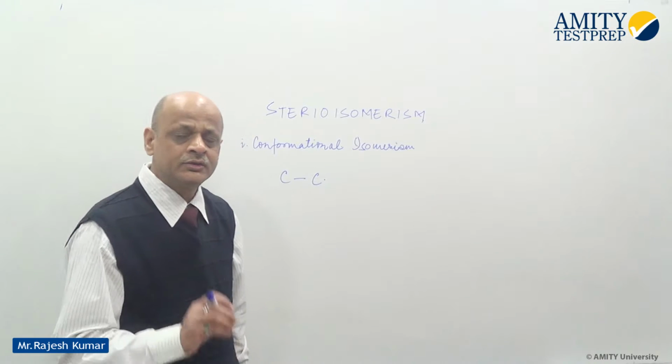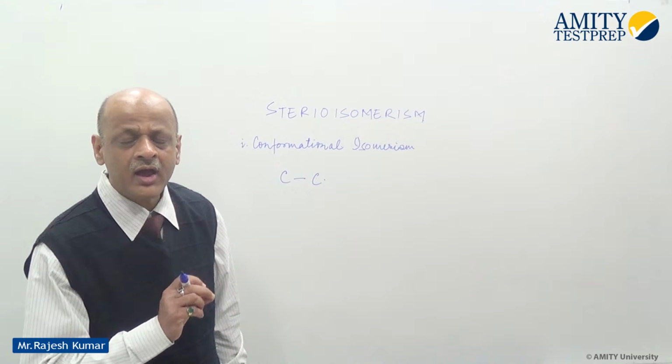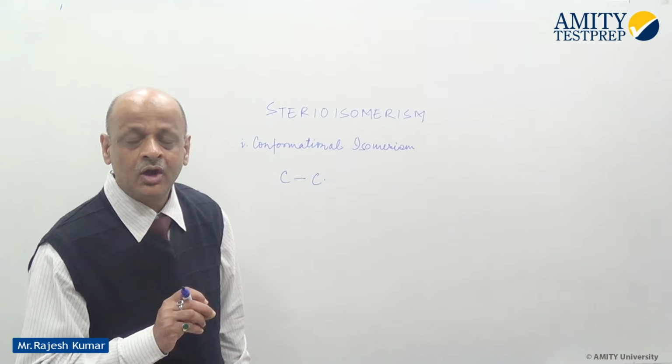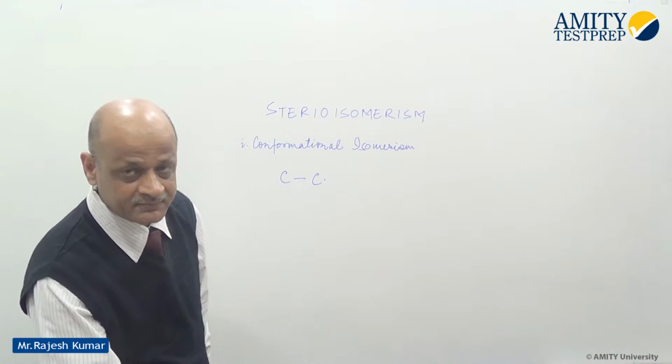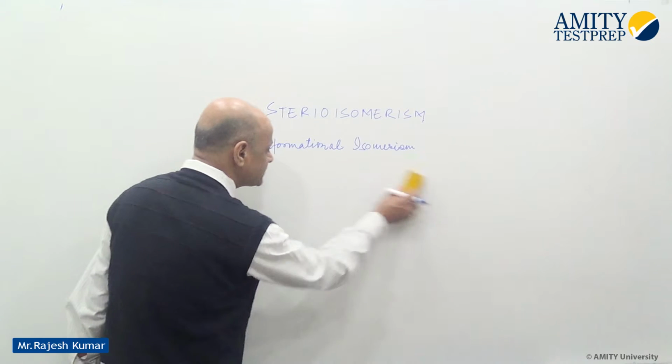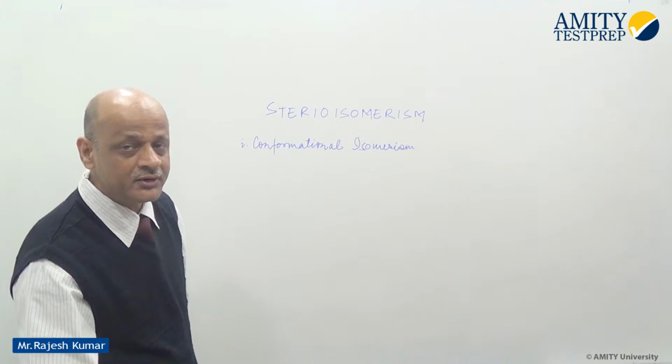Now we are going to learn how to represent conformational isomerism. It can be represented in the following two ways.